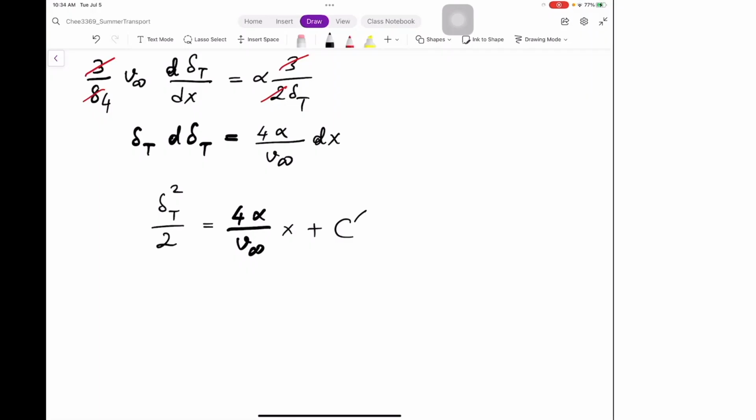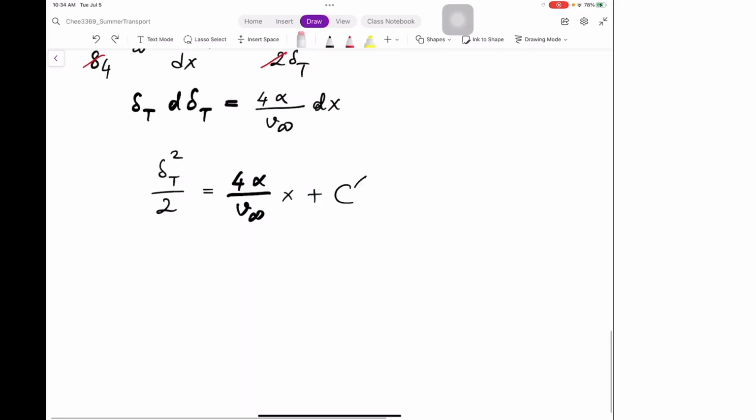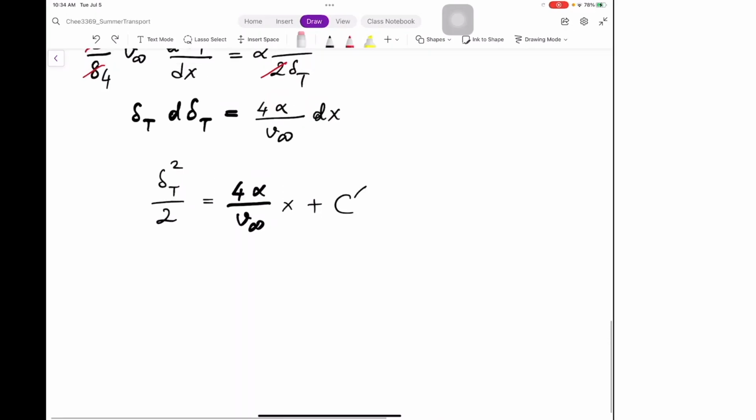But I can multiply both sides by 2, so delta t squared is equal to 8 alpha over V infinity x plus another constant C. Let's call it C1.